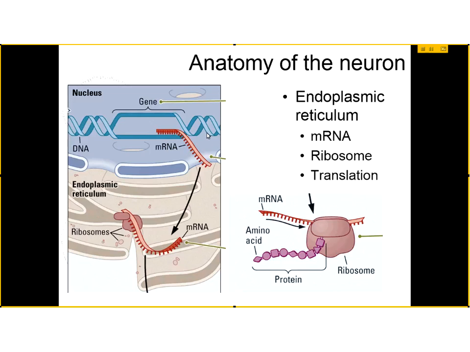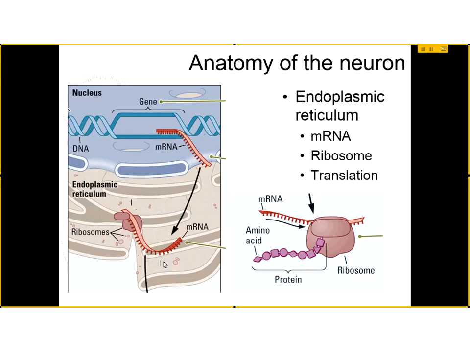So after the messenger RNA has left the nucleus, it'll go out to the endoplasmic reticulum, where there are plenty of ribosomes. Remember, maybe in biology class in high school, you learned about the endoplasmic reticulum. They're smooth and rough.